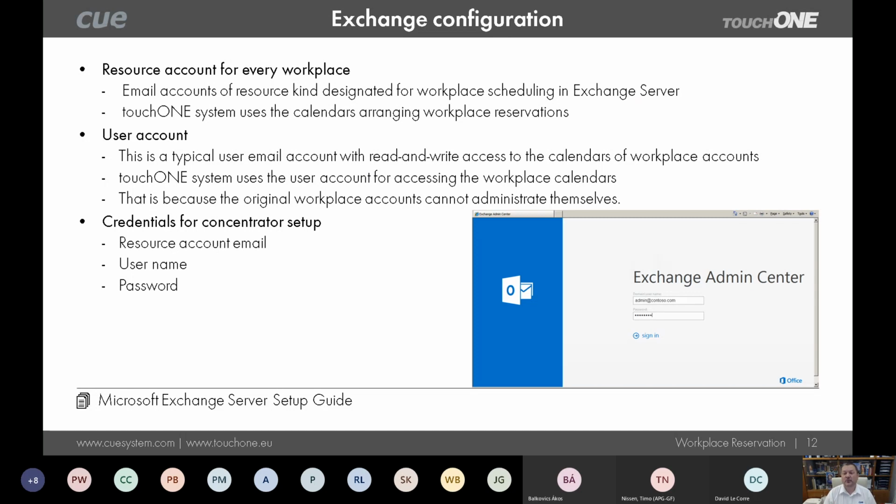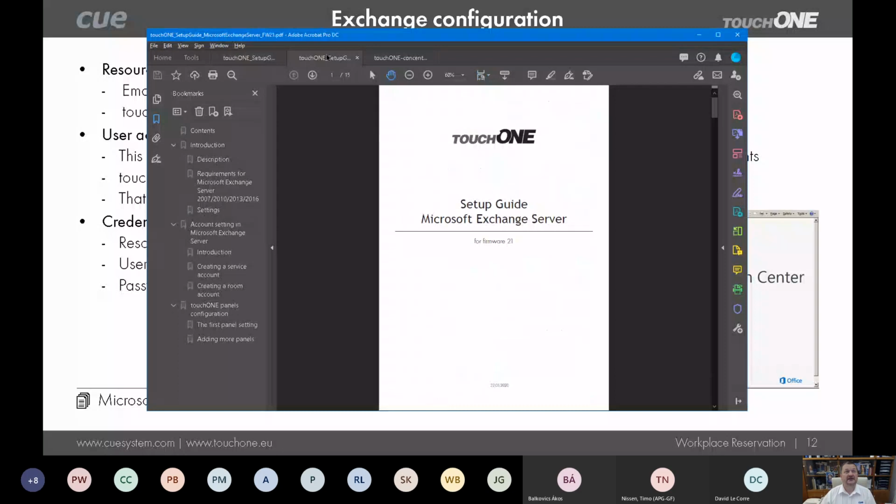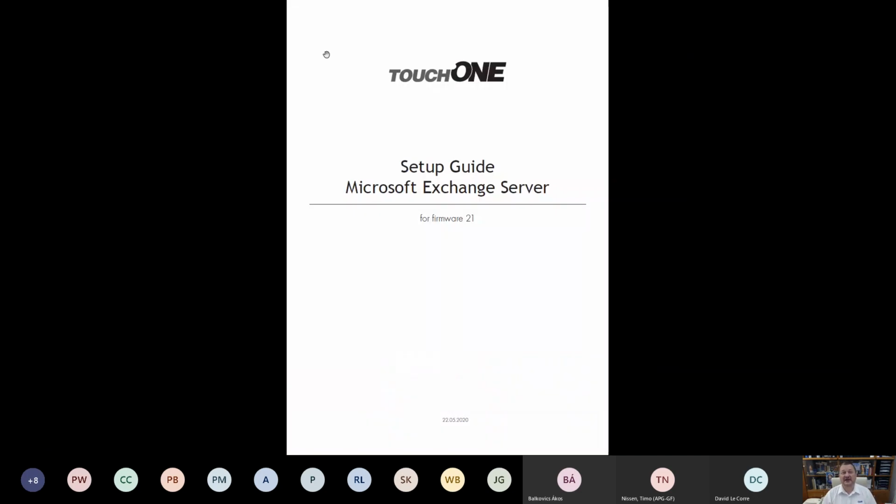Again, here we prepared a very detailed setup guide, which is called the Microsoft Exchange Server Setup Guide. If I jump into this document, here, you see another PDF document available on our website for download, and it's giving you instructions on what is necessary to do in a Microsoft Exchange Server.